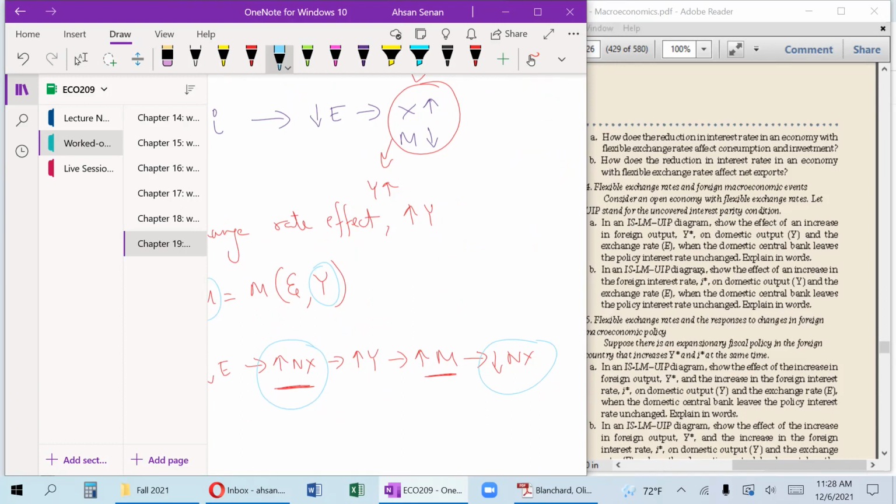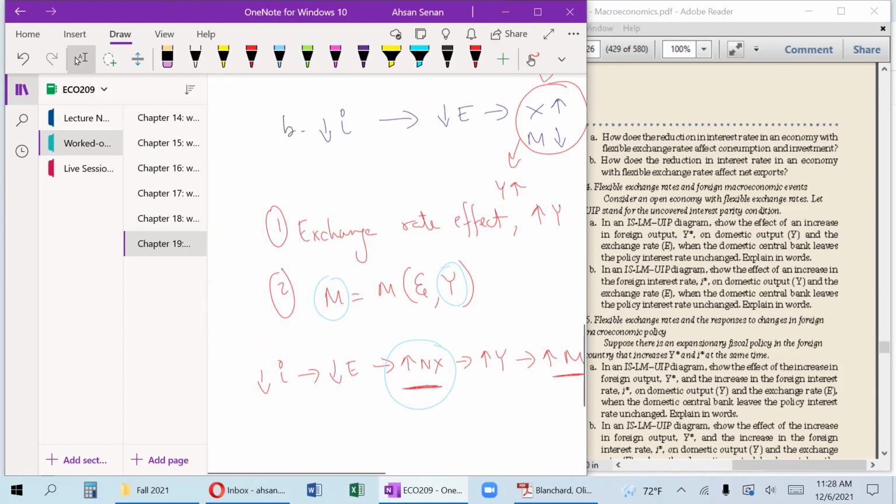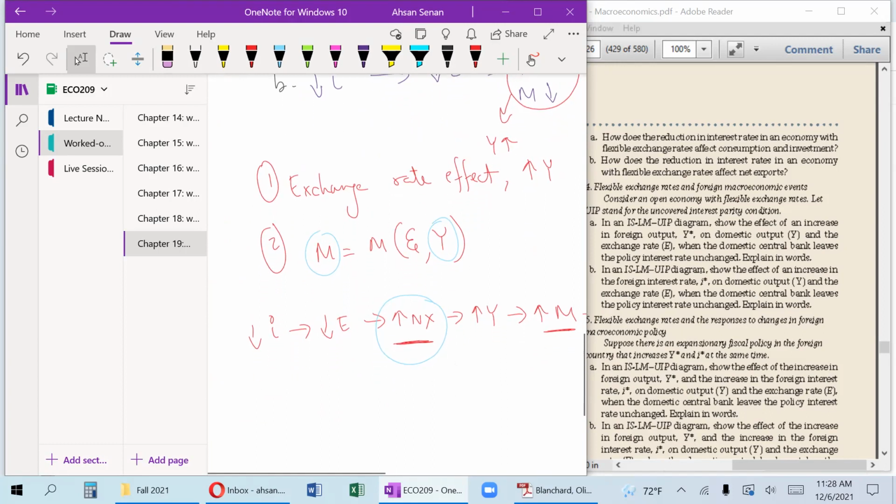At one stage, NX is going up, at the next stage, it's going down. And whichever effect dominates will be the resulting outcome on the economy. So that's why this one is interesting, we don't exactly know what's going to happen to net export. Net export may go up, it may go down, depending on whether the exchange rate effect is stronger or the import effect is stronger. So that's something to keep in mind for analysis.